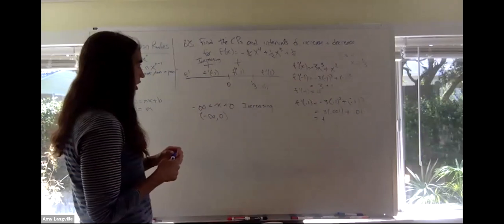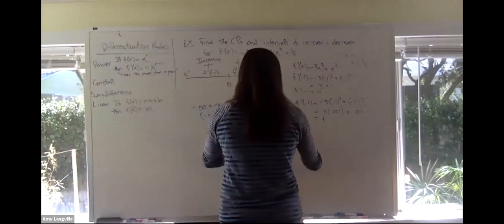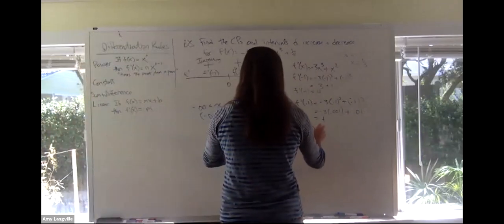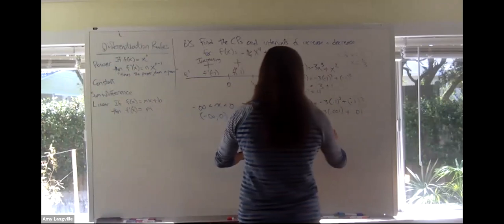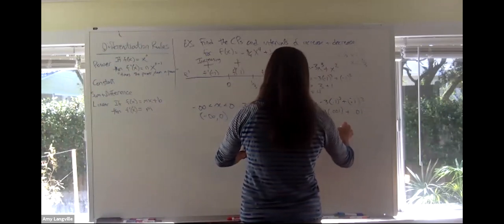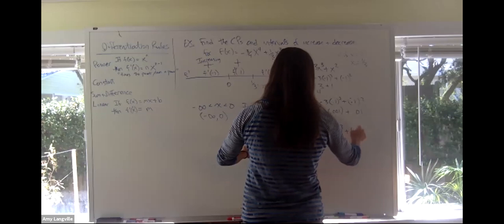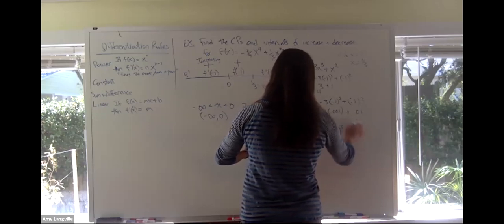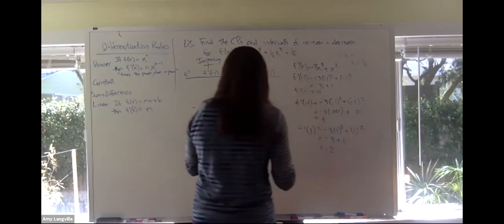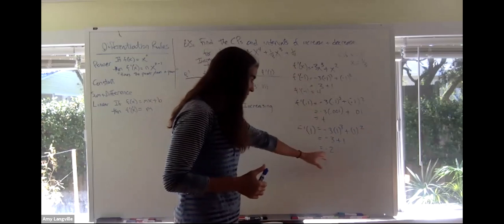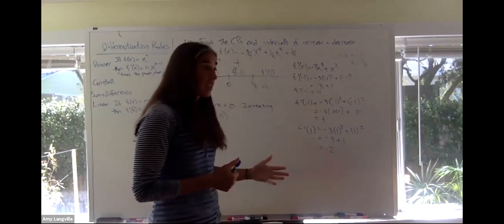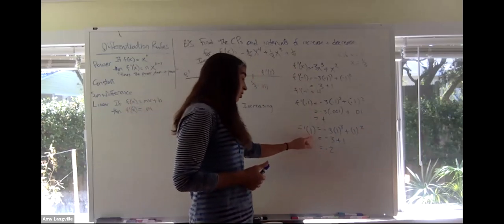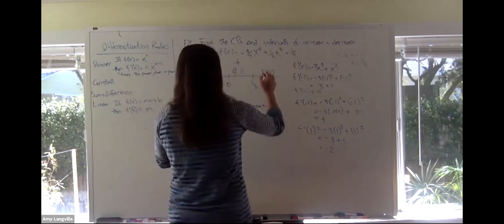One more interval to try. We need to plug into the derivative positive 1. We'll have negative 3 times 1 cubed plus 1 squared, which is negative 3 plus 1, is negative 2. Not so caring about the 2 part, but definitely care about the negative part. Because it's negative, it means that at x equals 1, it is decreasing.